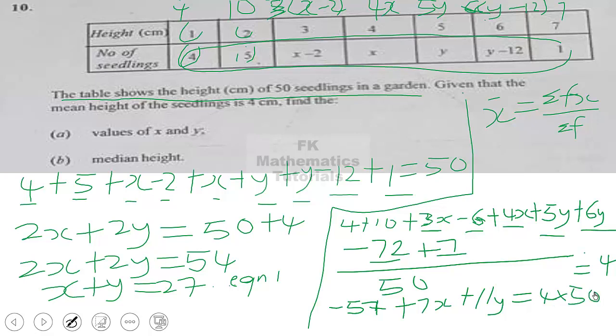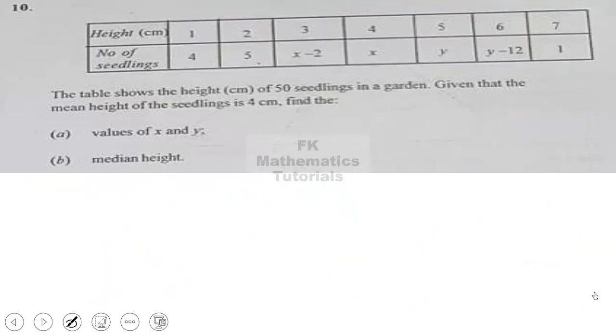So 7x plus 11y will be equal to 200 plus 57. 7x plus 11y will be equal to 257. So this will give us equation 2.